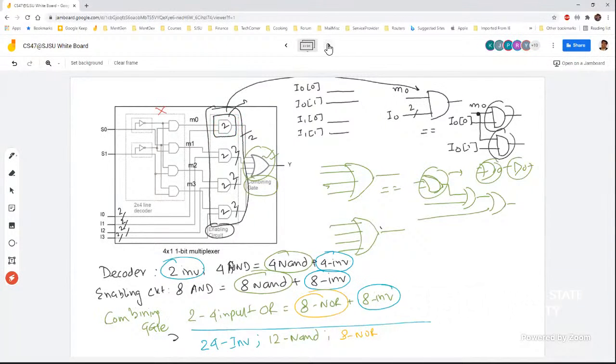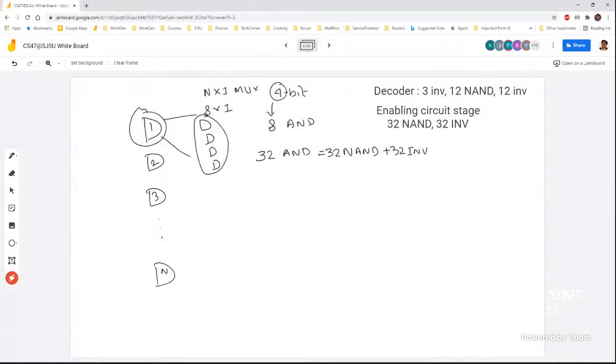Okay, got it. And I have another question. How do I know from the question that this uses a 3 to 8 line decoder? I was lost on that right at the beginning. Oh, okay. If it is an n/1 multiplexer, you need a log base 2 of n by n line decoder.